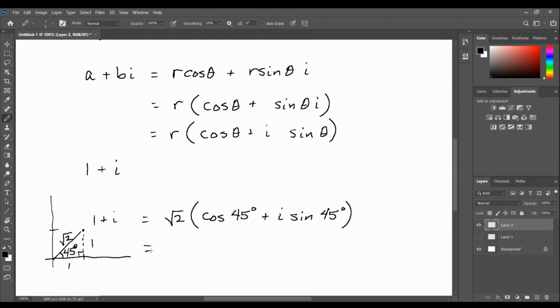Or, if we needed it in radians, cosine of pi over 4 plus i sine pi over 4. Those are identical as far as this is concerned. So now we've converted a complex number over to trigonometric notation.